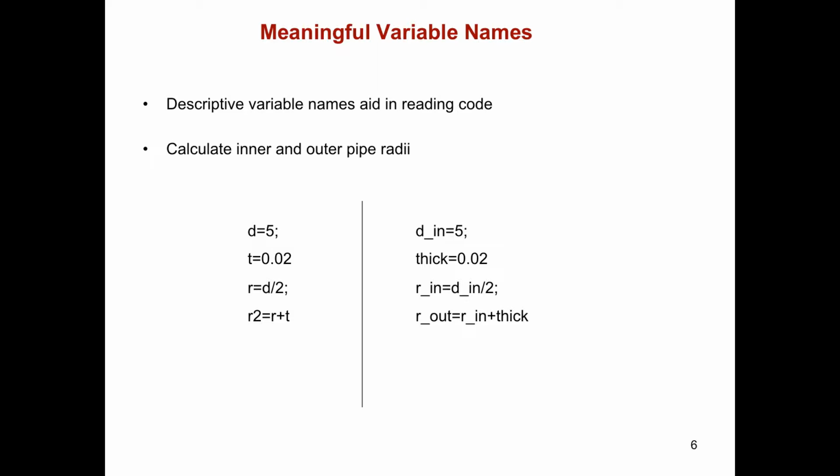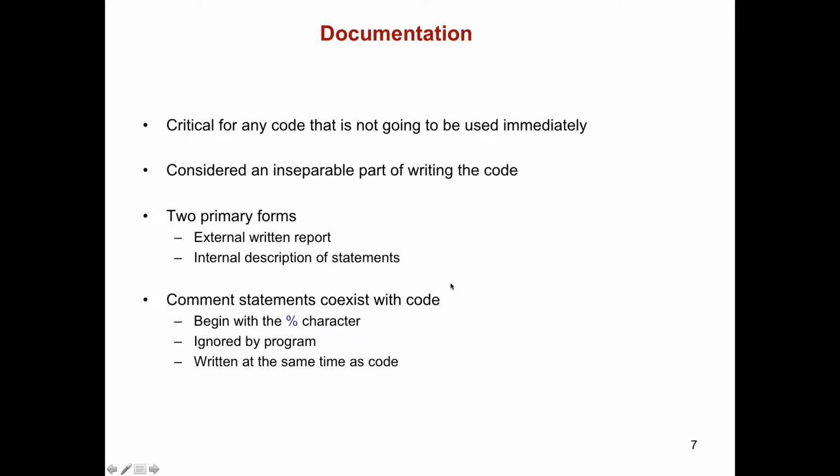Here you might want to optimize between the length of the name, because you have to constantly type it in as you're programming, so instead of thickness you might want to go with thick and things like those. That balance is on you.